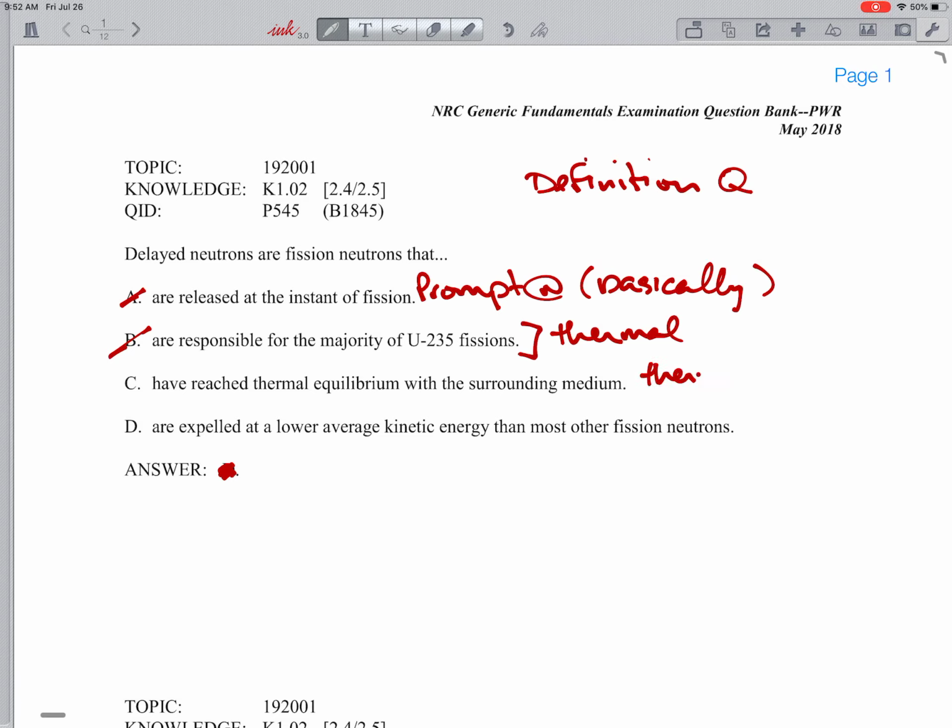That's going to be thermal, so that's not right. Are expelled at a lower average kinetic energy than most other fission neutrons. Most other fission neutrons are going to be prompt. That's true, and that's going to be about 0.5 mega electron volts. So the answer is going to be D. I'll see if I'm right. Oh, D. Cool.